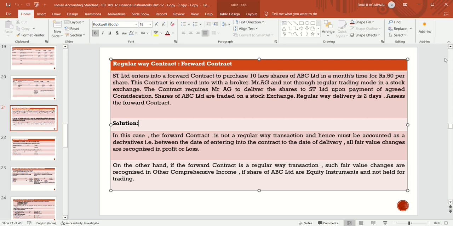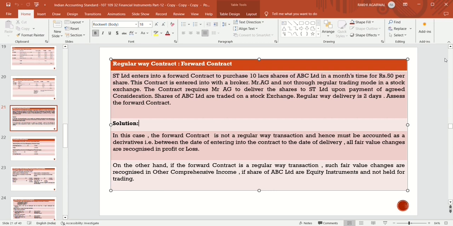Shares of ABC are traded on the stock exchange also, and the regular way of delivery of these shares is 2 days. As this is a forward contract, it is not a regular way transaction. In the previous example we discussed the regular way transaction, which takes a grace period of T plus 2 days.